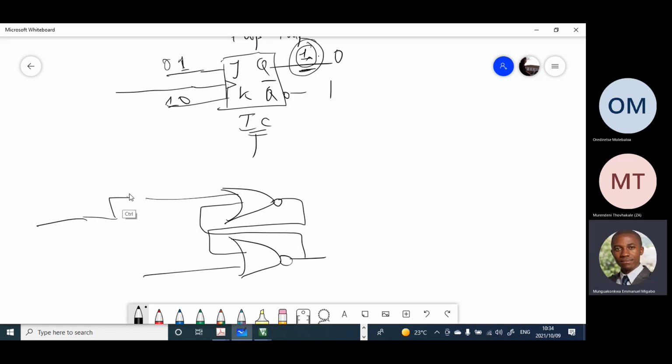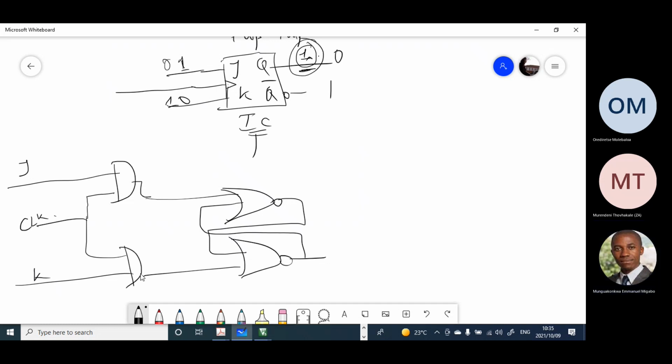We add the clock for extra control, to make sure we control when we pass the value of J. So that is a clock, that is maybe J. We control when we decide to pass the value of J by means of a clock. The same clock is used to also control the K inputs.